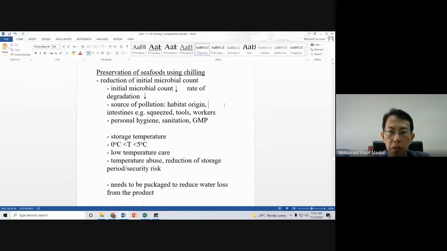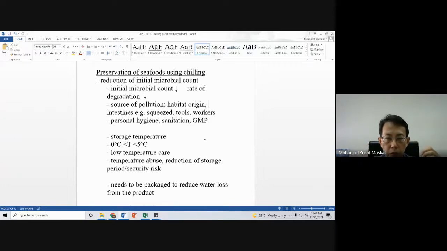Source of pollution, habitat of origin, the intestines, squeeze, for example, when the fishes are caught, they are usually caught using nets and then hauled up onto the boats. The fishes at the very bottom of the net will experience very high pressure due to the weight of the other fishes on top of it.